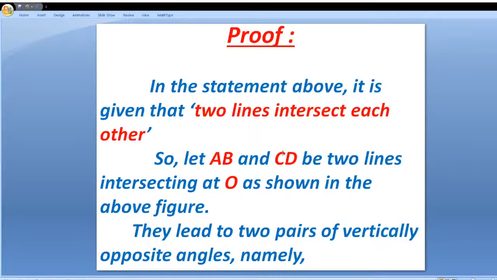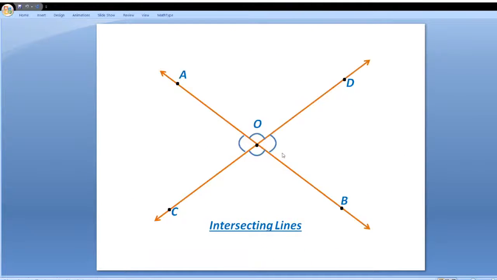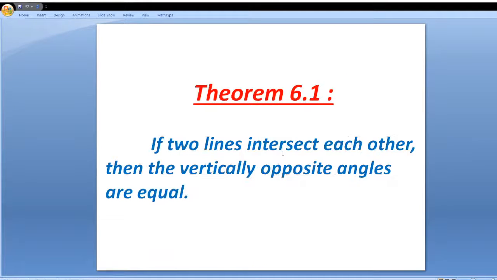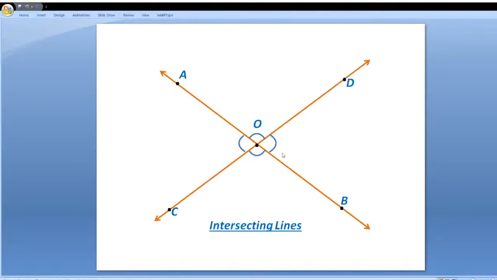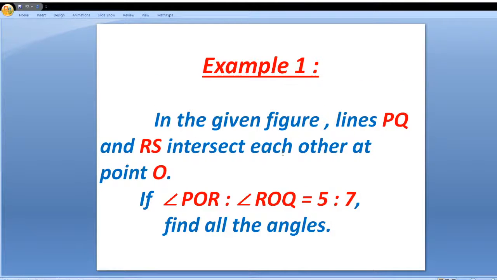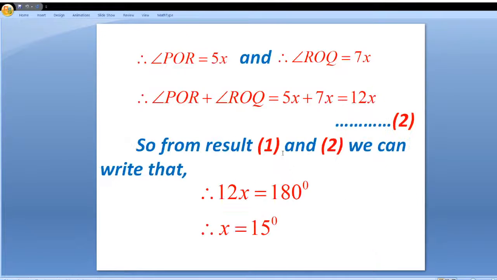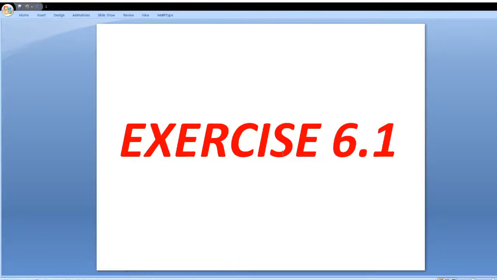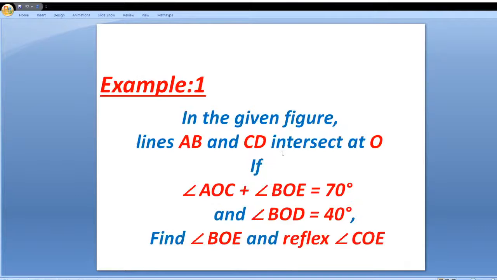What says the theorem? If two lines intersect each other, then the vertically opposite angles are equal, and we have given proof of this theorem. Then example and then solution of that example, exercise number 6.1.